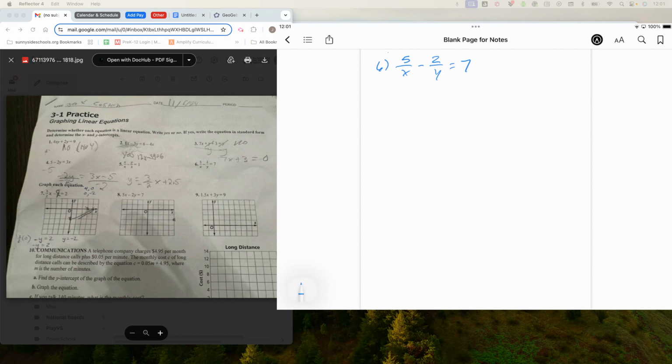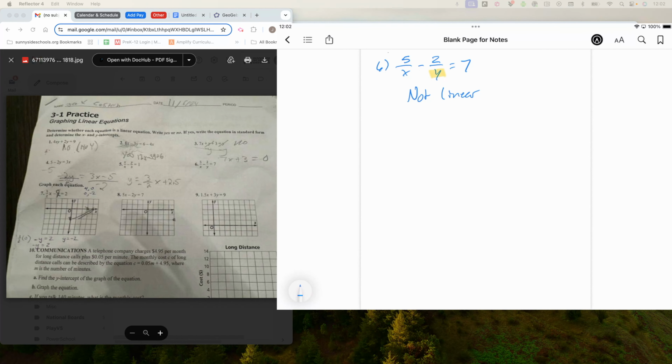Because y is being held in the denominator there, that is going to mean that this function is not linear. It's a hyperbola with this one. And so 6 is simply not linear, we don't need to do any work around it. So again, just remembering if something goofy is happening to y, it's not going to be linear.